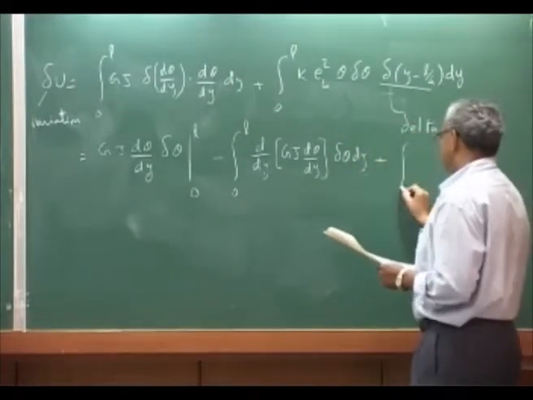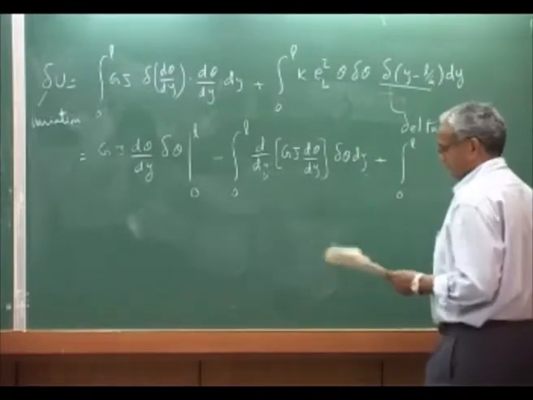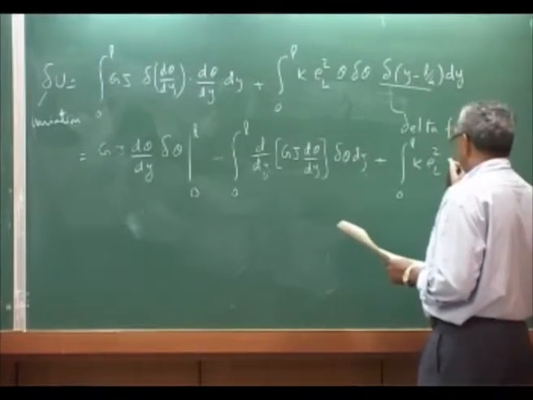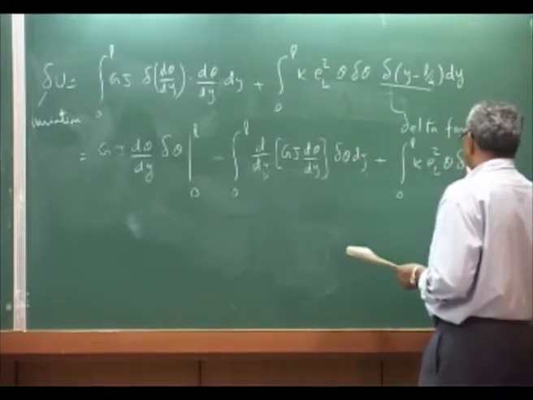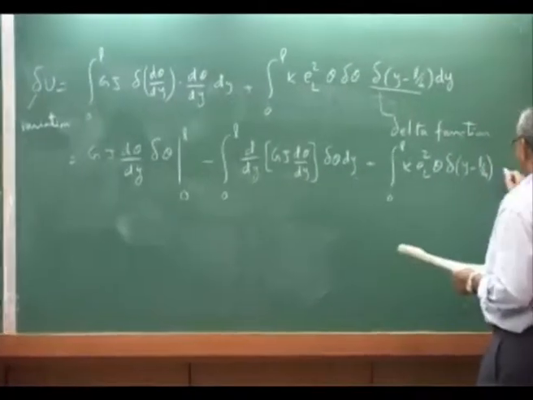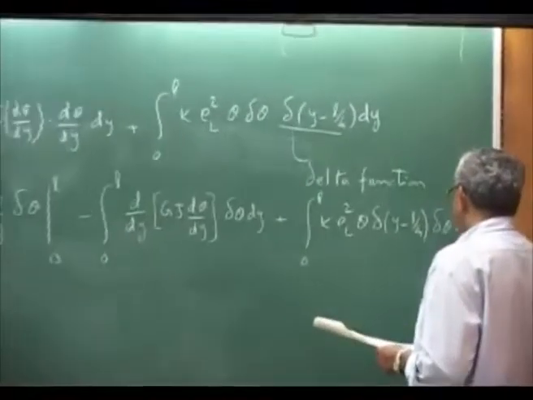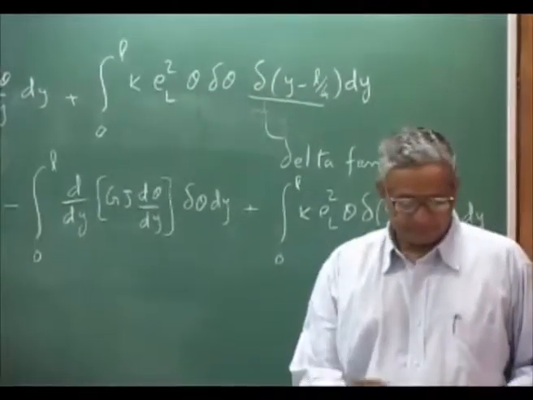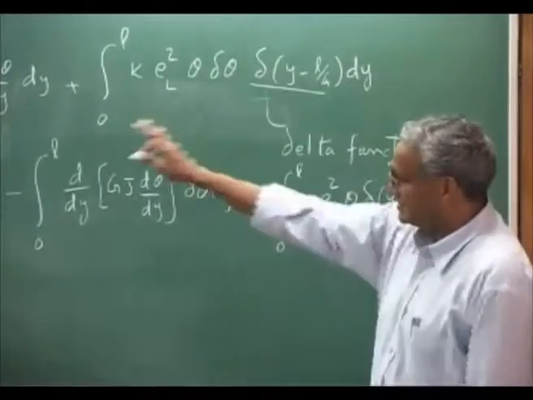So you will have integral 0 to L K EL squared theta delta(y minus L by 4) delta theta dy. This is as far as the internal delta U.